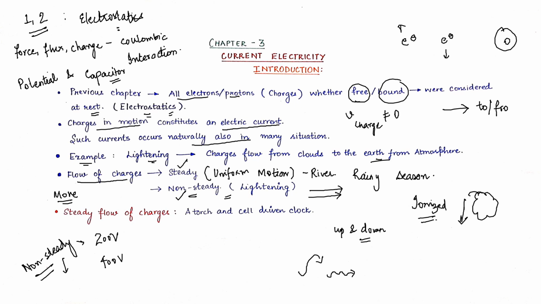So what will happen? Our electrical appliances have a threshold voltage. If this threshold voltage is exceeded, there is a high chance that our electrical appliance will get damaged.